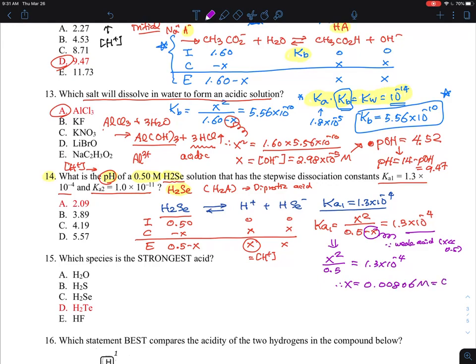Okay, so that's the H plus. Like I said, this is from the Ka, but that is sufficient for me to move on to the calculation of the pH, because this is from Ka1, the first equilibrium. My answer is minus log of H plus. You plug that in, and you will get 2.09. Okay, so this is my answer.